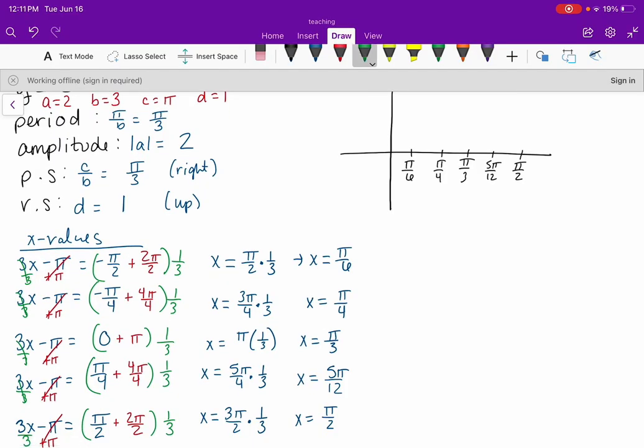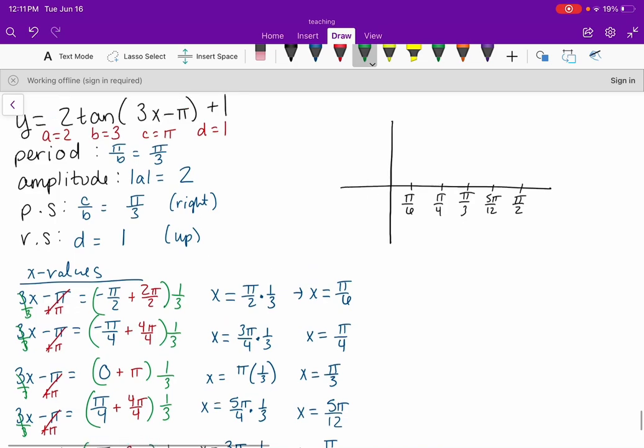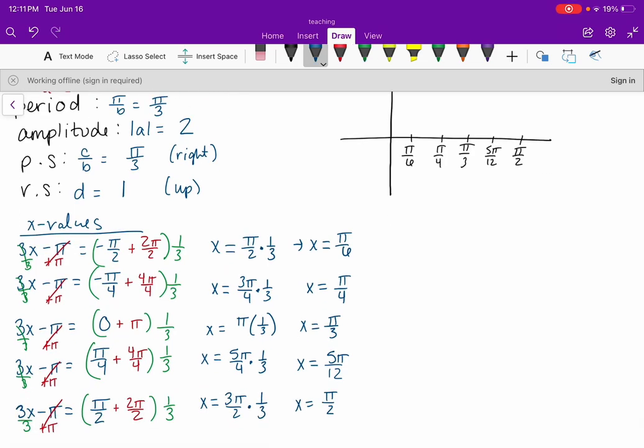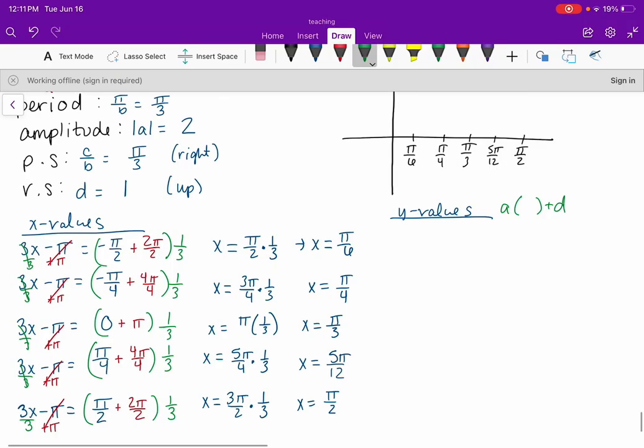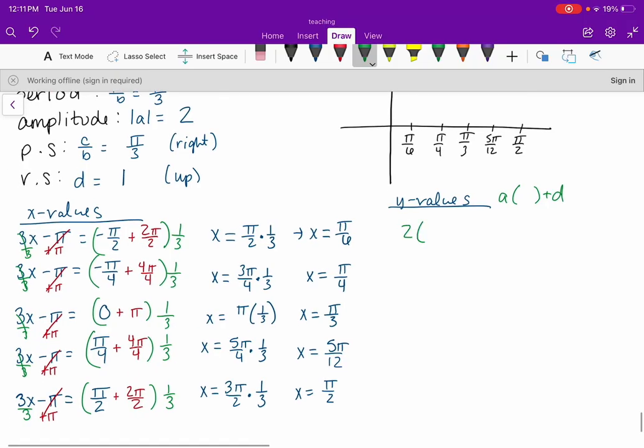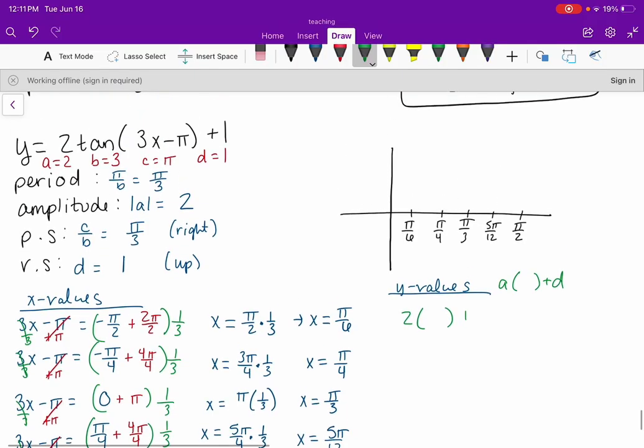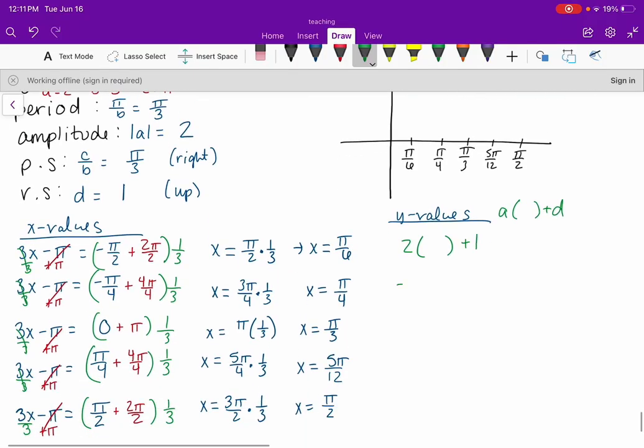You're always welcome to plug these back in. For the original y values that tangent passes through, I'm going to do the same thing I did for sine and cosine. So for my y values, I always do a, my parentheses, plus my d value. My a value here was 2, and then my d value was plus 1. Now in these parentheses, I'm going to use the original values of tangent.